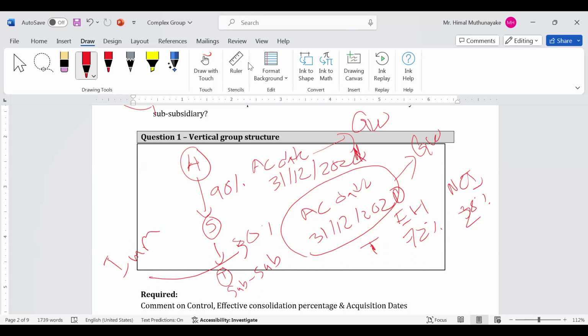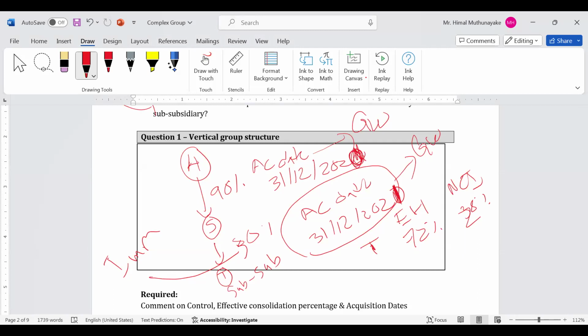Then H is me, right? I'm the parent. So when I have direct control, I'm using different dates. So the question again: previously I said that this is 2020 and this is 2021, the acquisition date.